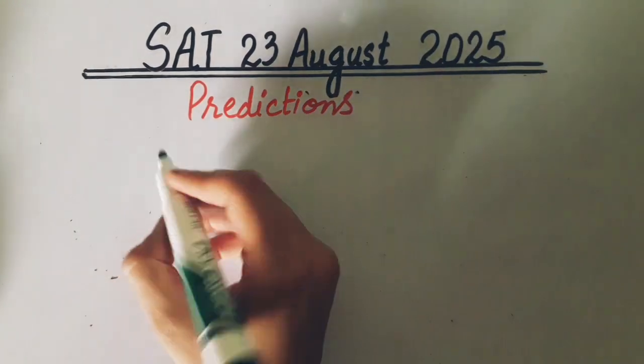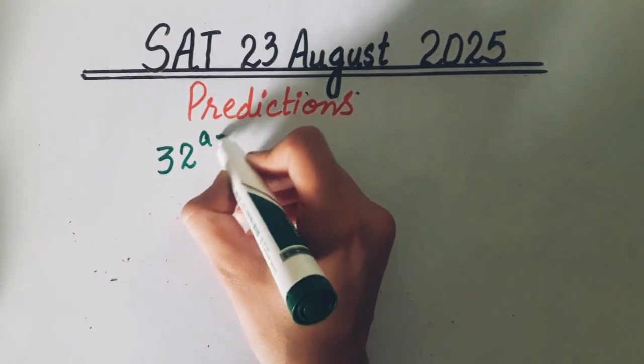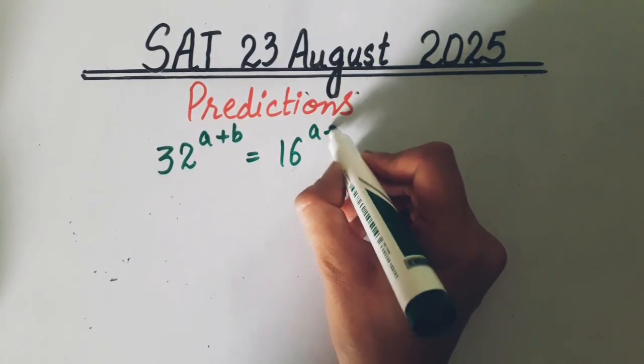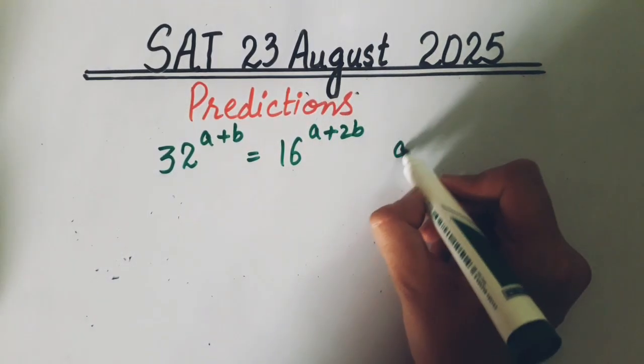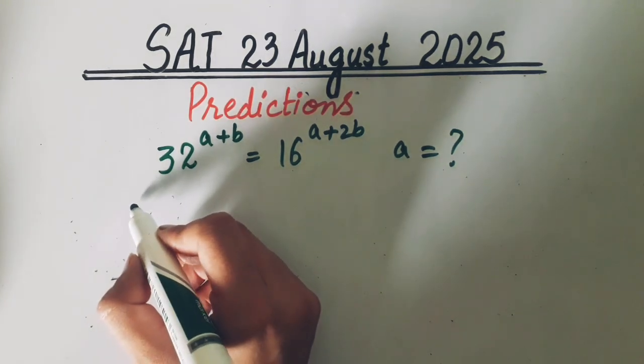So the next predicted question is 32 raised to power a plus b equals 16 raised to power a plus 2b. So what is the value of a? Now we will solve this question step by step.